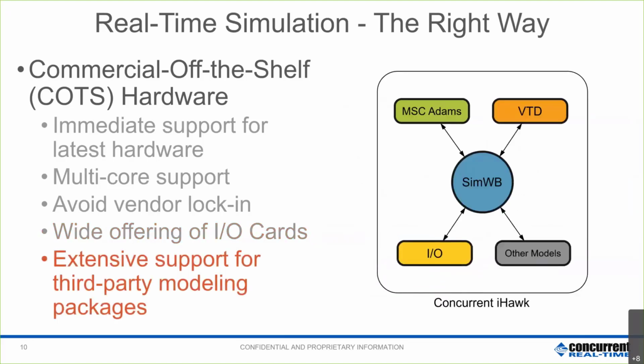Okay, we also have extensive support for third-party modeling packages and visualization packages. And of course, this means that when you have an Adams model, you can make it talk to other modeling packages. Take, for example, you have your existing code in C or C++, a validated code that you have been using for years, and you want to talk to that C++ code from the Adams model.